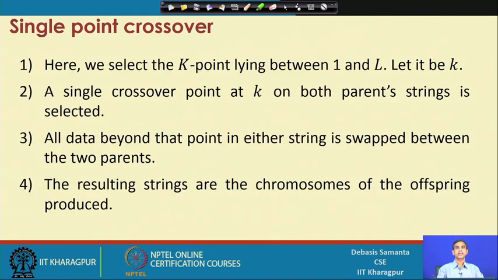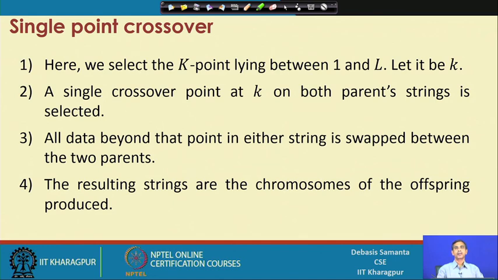In this technique, if the length of the chromosome is L, meaning the number of bits or size of the chromosome is L, then we select one point k, where k is between 1 and L. This decides where the point k is on the chromosome, and it is single point crossover because only one point is selected as a kinetochore point.